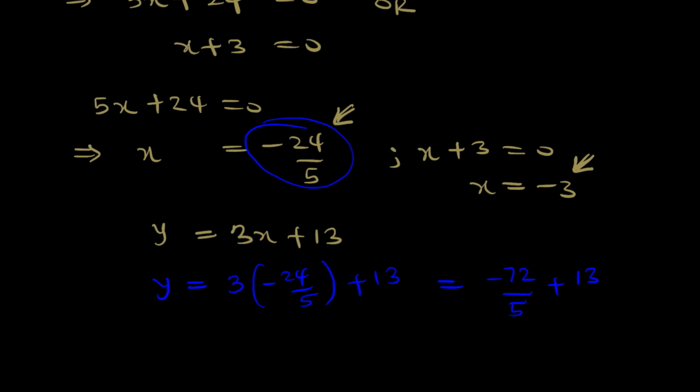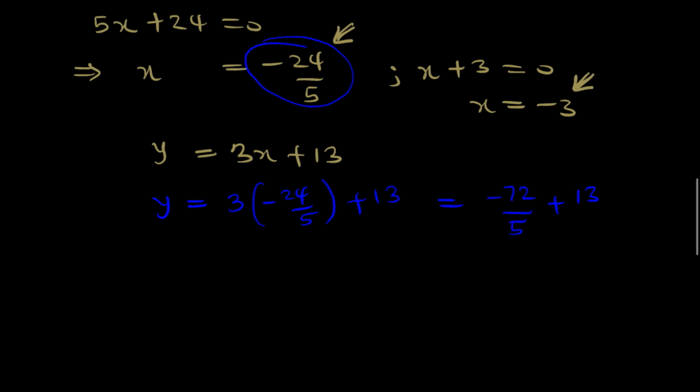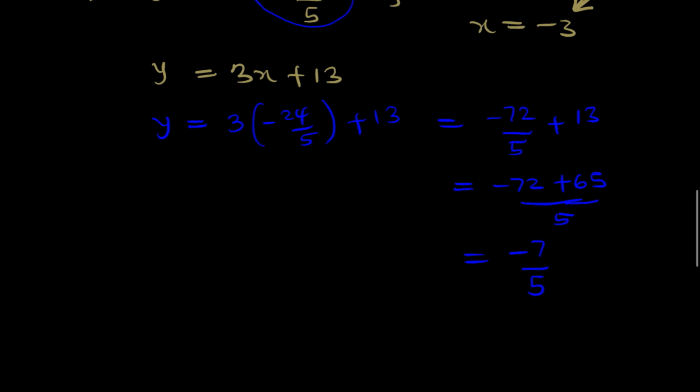If I find the LCM here, this is also negative 72 plus 65 over 5, which will just give me negative 7 over 5. You can decide to break that down further into mixed fraction. So you have negative 1 whole number 2 over 5.